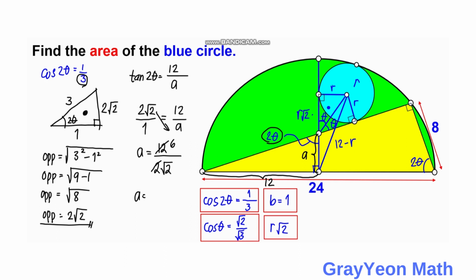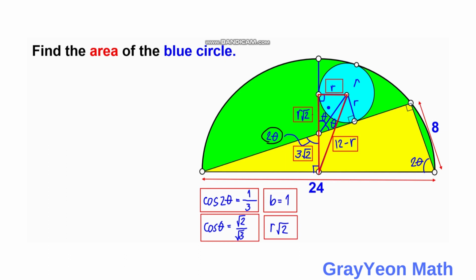A is equal to 6 over square root of 2. Then we rationalize, multiplying by square root of 2 over square root of 2. So the denominator becomes 2, then 6 divided by 2 is 3. So A is equal to 3 square root of 2.